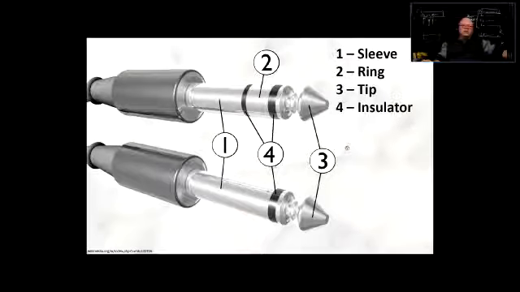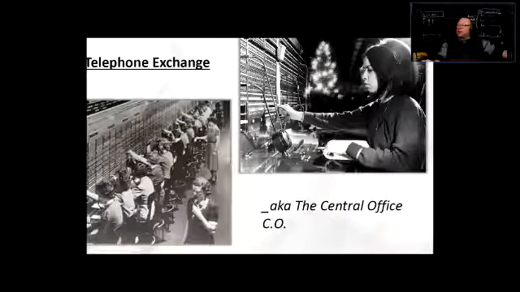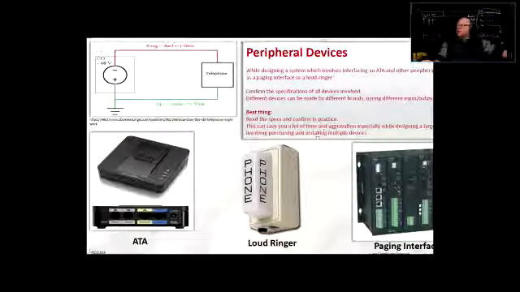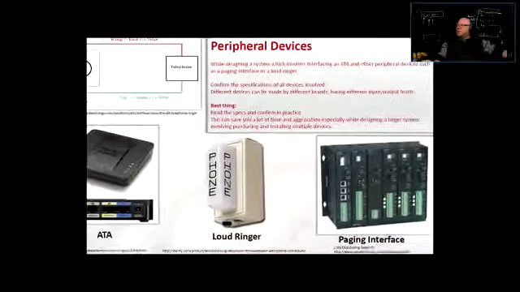The loops, the CO lines, consist not of plus and minus or positive and negative. The correct terminology in telecommunications is to use tip and ring, and that's where it comes from, because those tip and ring jacks would be used by the telephone operators in the earlier days. Right?